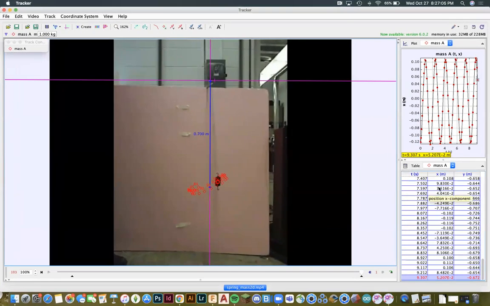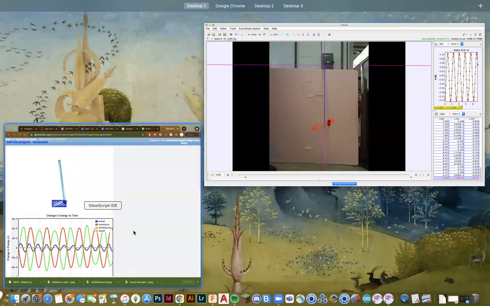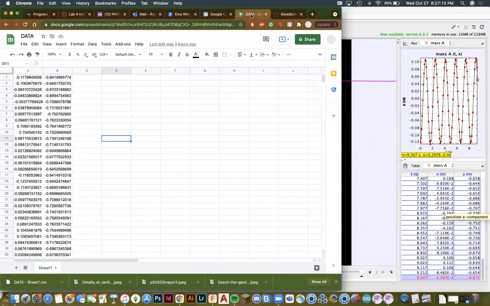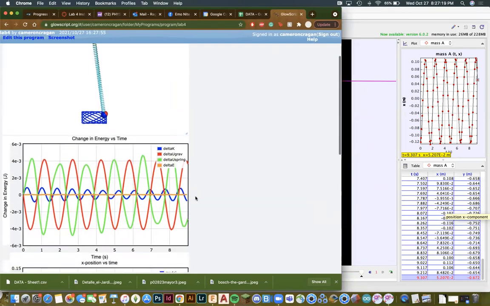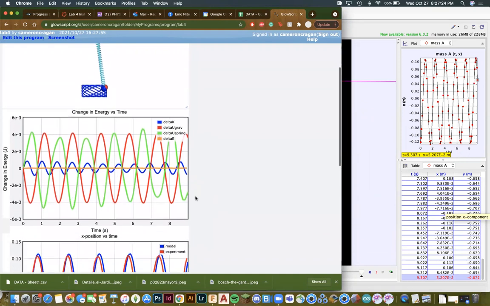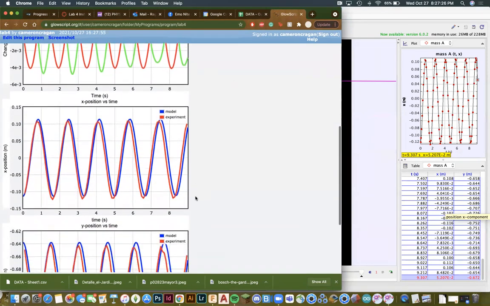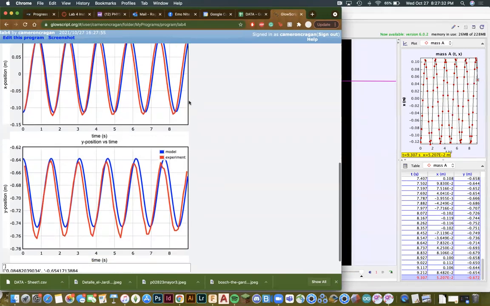And then I took the points that I collected from Tracker and created a computational model. This computational model uses data in a CSV file, reads that data, and calculates the change in energy versus time graph, and then it also pulls up the position versus time for the model versus experimental data.